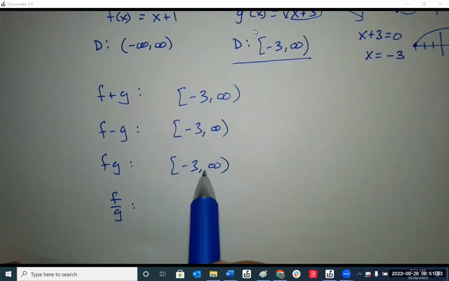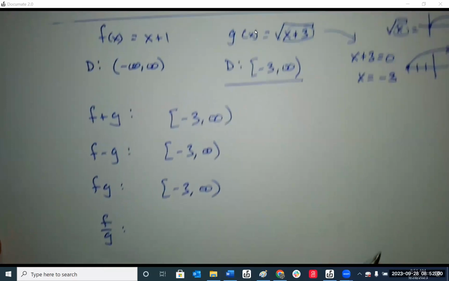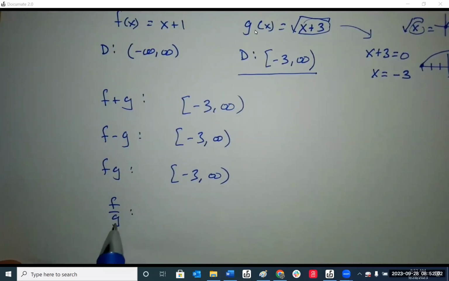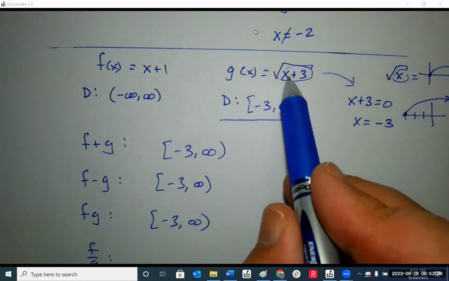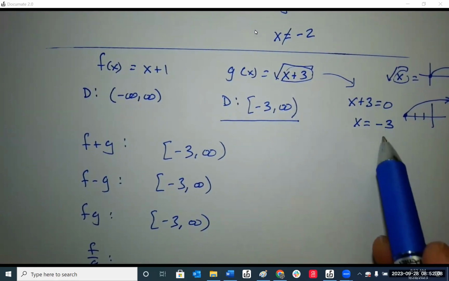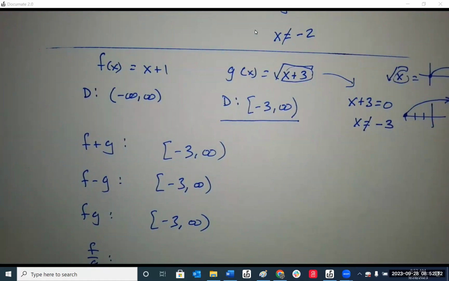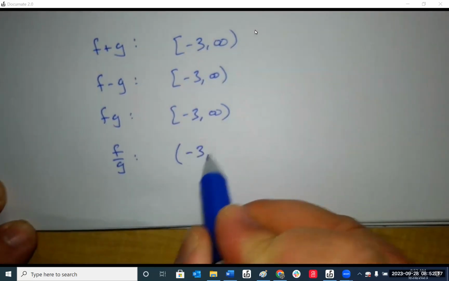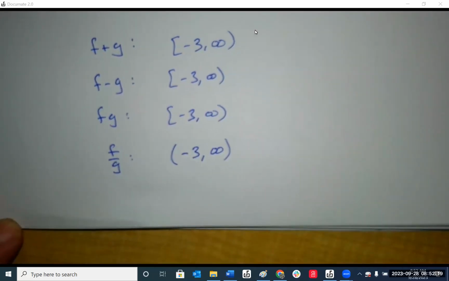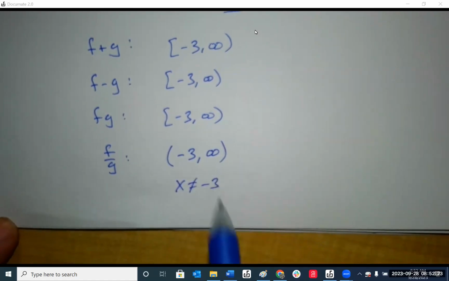Okay, we know the domain's that, but are there any restrictions, any numbers we cannot use? Remember, we cannot have 0 on the bottom. What would x have to be to make it 0 on the bottom? So we cannot use -3. So our domain here, since we cannot use -3, is that. We cannot equal -3 because of the bottom.